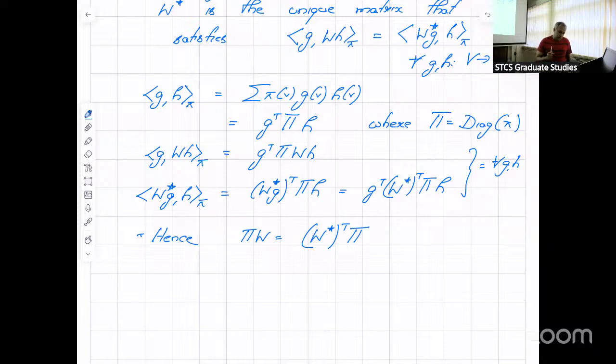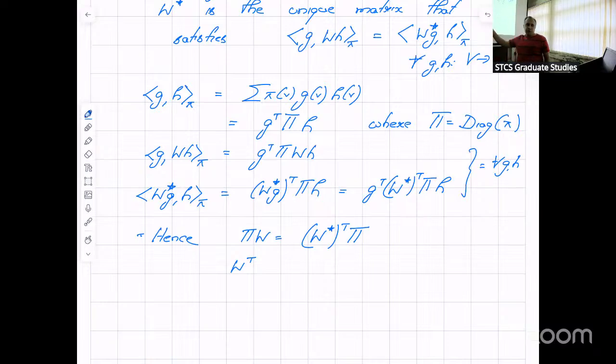Let's look, it's a bit ugly this way. Let's just apply transpose everywhere, since I want to define what W star is. The transpose of a product is the product of the transposes, but written the other way.